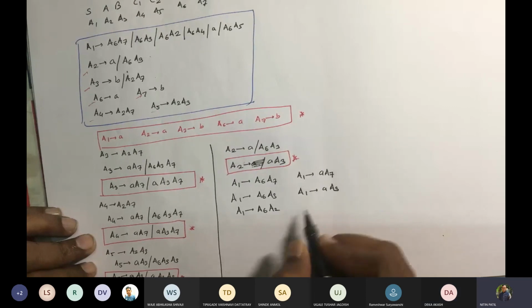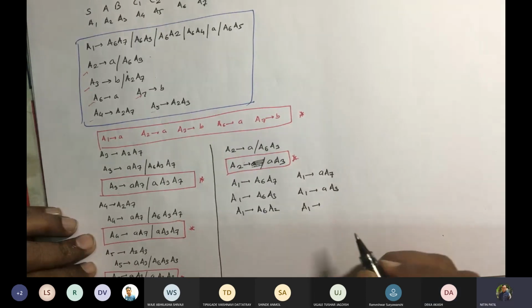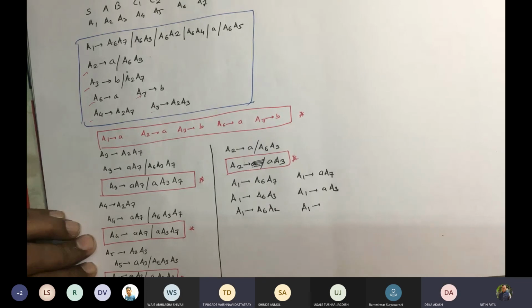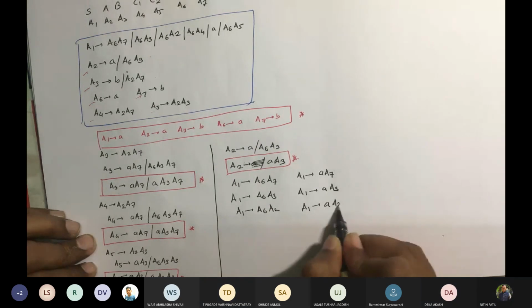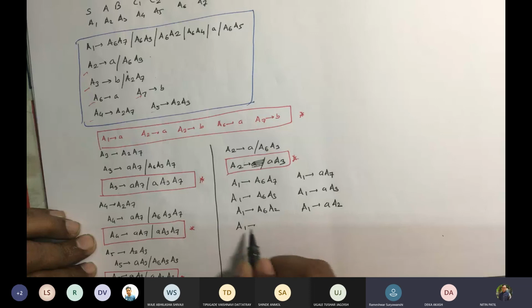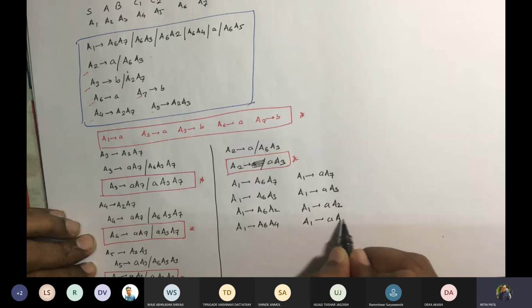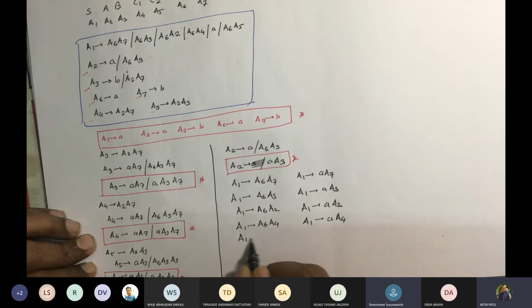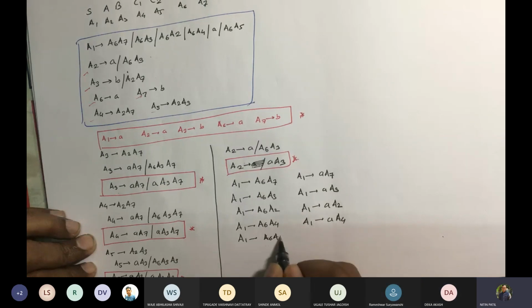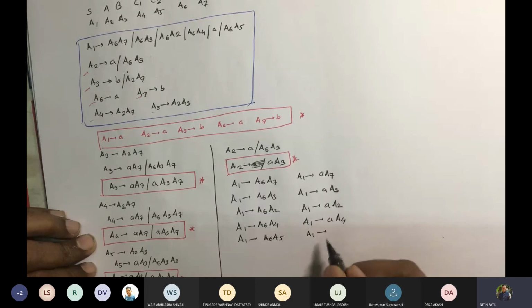A6 A2 का A1 गिव्स A2. वेरी गुड। A1 गिव्स A6 A4, तो A1 गिव्स क्या आ जाएगा? A4। A1 गिव्स ये A6 A5, A1 गिव्स क्या आएगा? ये A5। हो गया सारा?